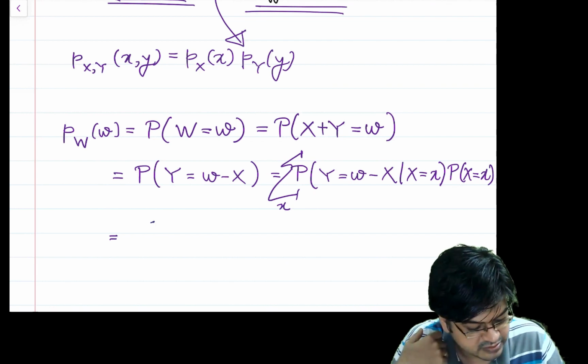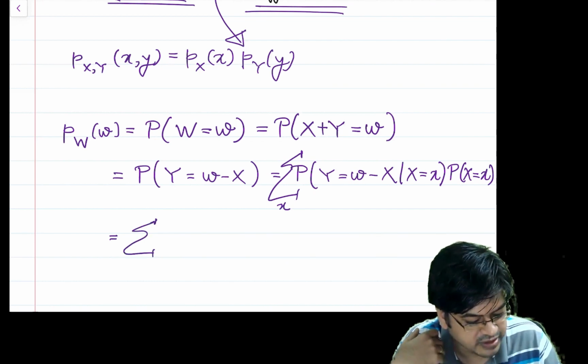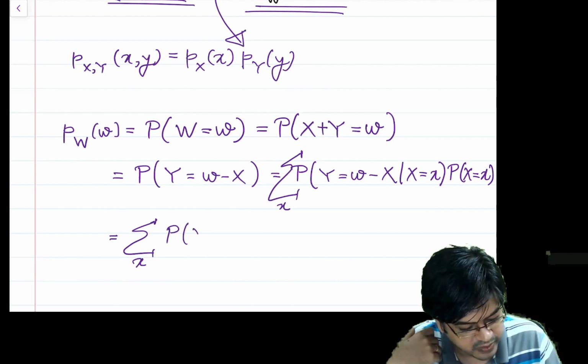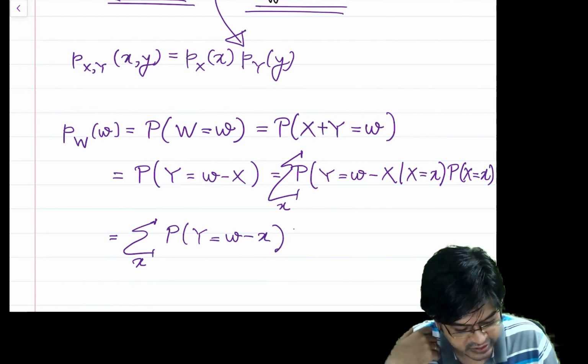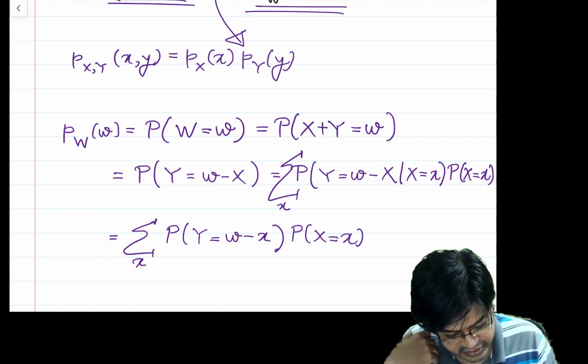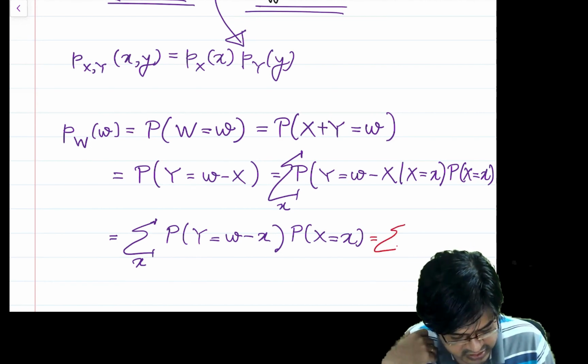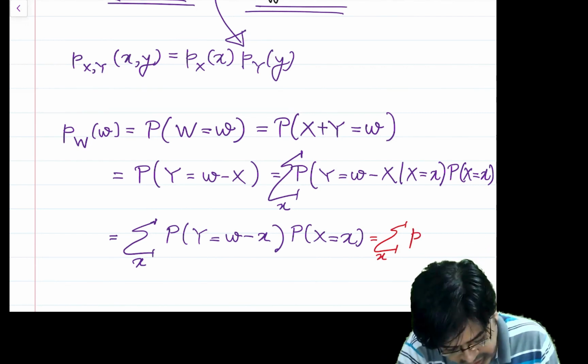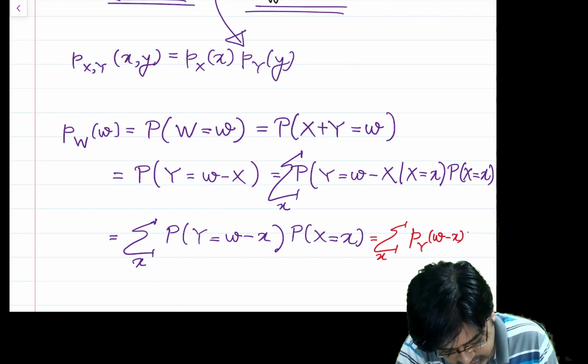So this summation now simply becomes the sum over x of the probability of Y is equal to w minus x into the probability of X is equal to x. But what is this? If you look at this closely, this is nothing but the summation over x of P_Y of w minus x into P_X of x.